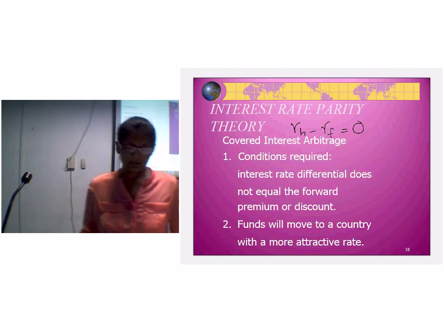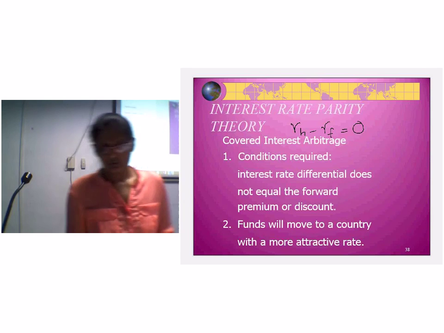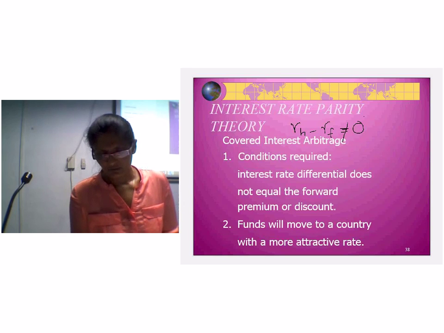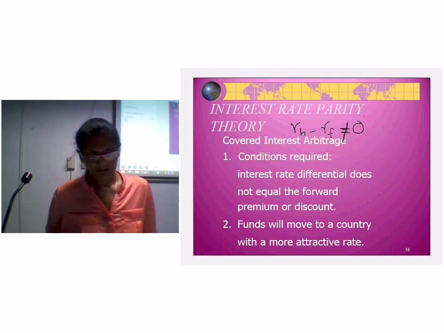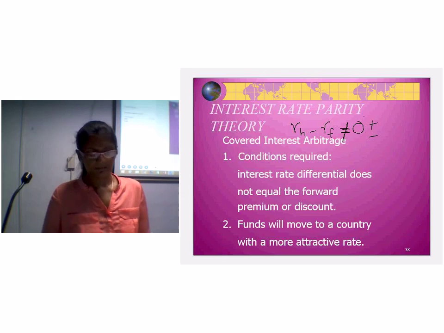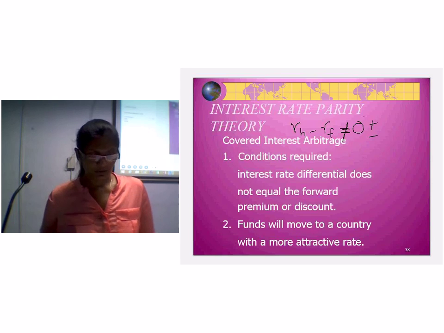If the interest rate differential between countries is 0, there will be no arbitrage opportunities, right? If this is not equal to 0, there will be arbitrage, that means non-zero. If this is non-zero, that means there is a positive or negative answer, right? In that case, there are arbitrage opportunities. There is a possibility of making profit from arbitrage.